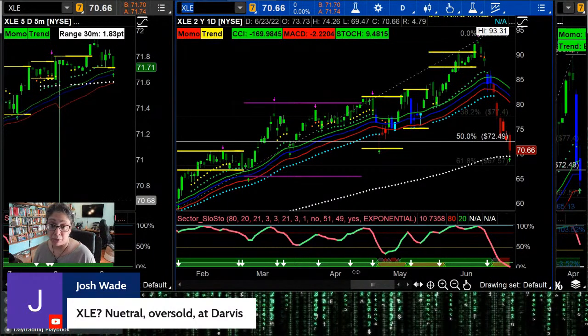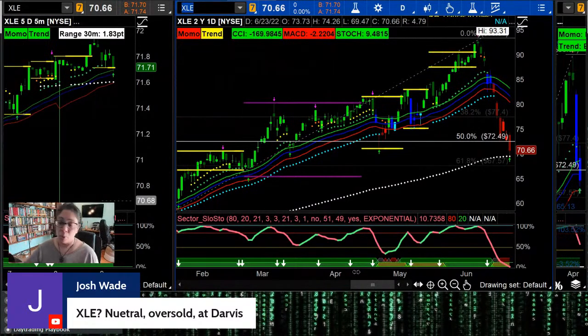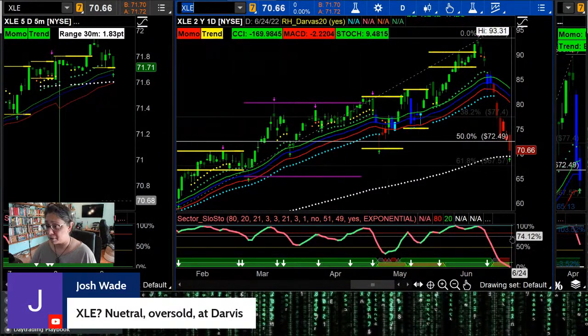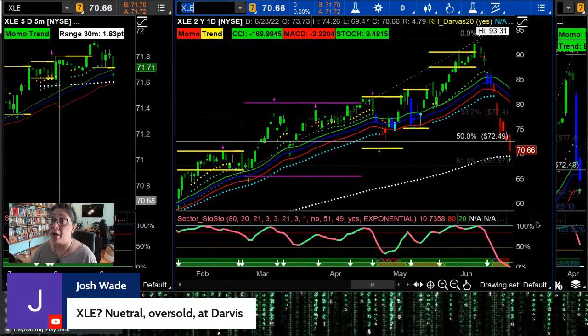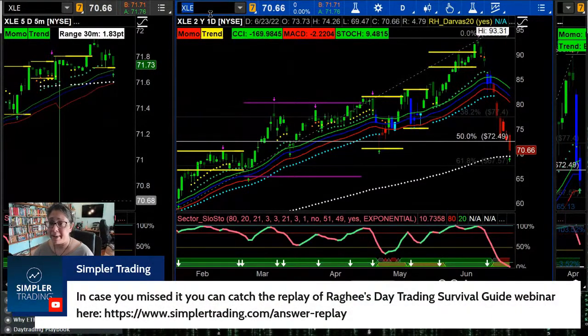We are sitting at the 200. So this might harken back to that setup I talked about earlier, where we get down to the 200, waiting for that slow stochastic to give us confirmation that, yes, this could be around 70 where XLE finds support. It is actually something I am looking at very much. Oversold at the 200 as well, Josh. I do like this one quite a bit.